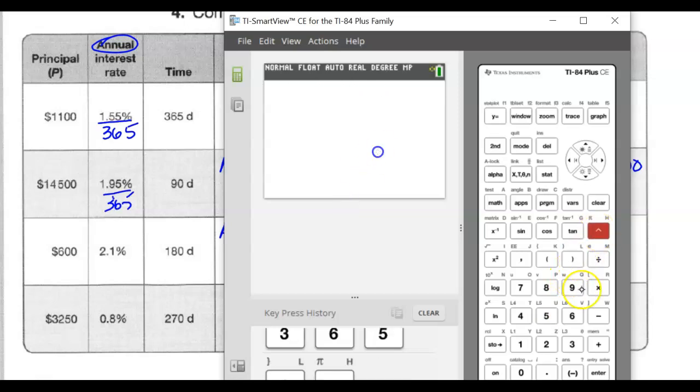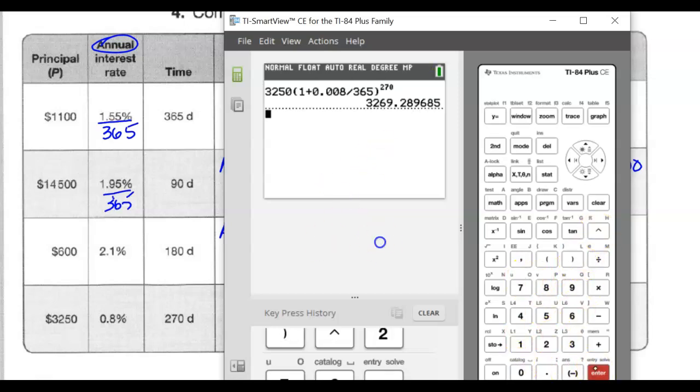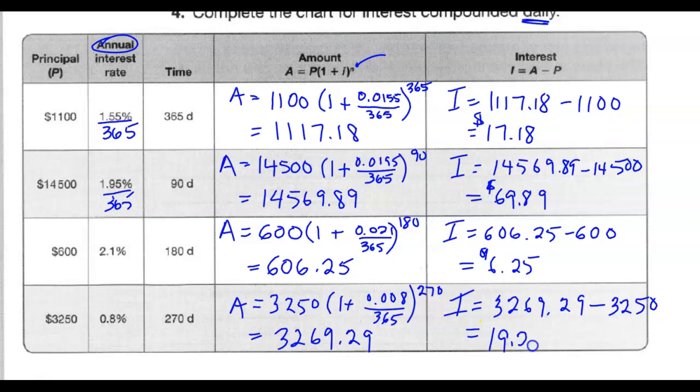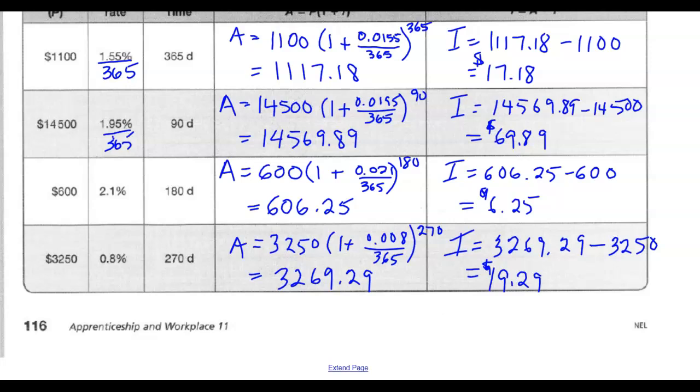Close the brackets to the exponent 270. So 3,269.29. So then we subtract what we invested, and that will be $19.29. Okay.